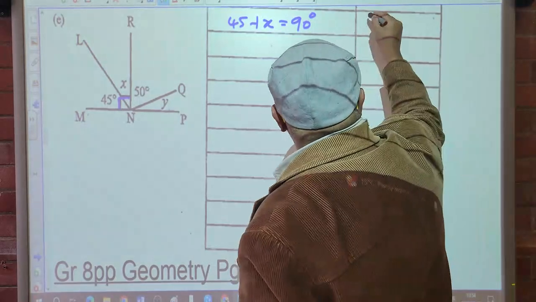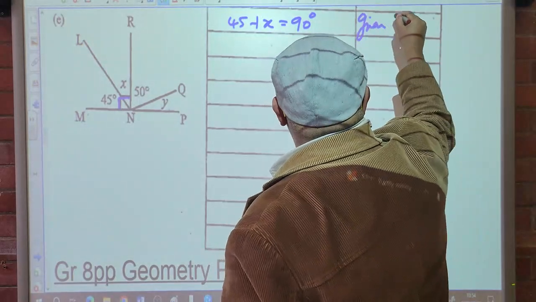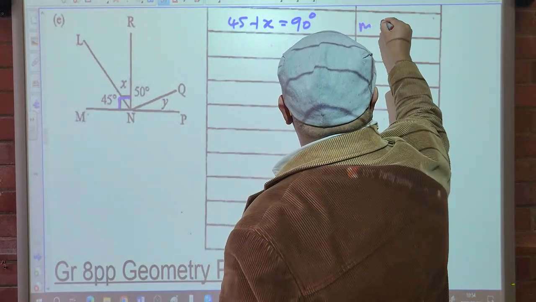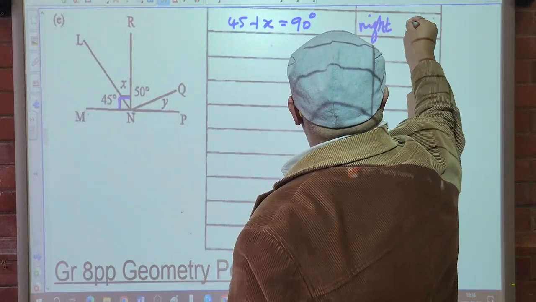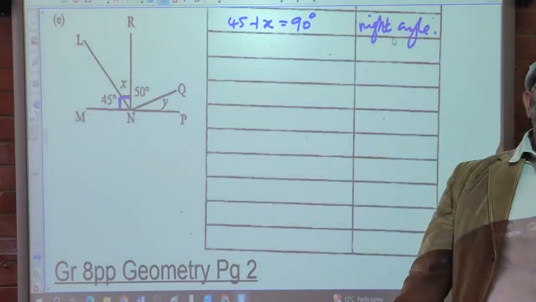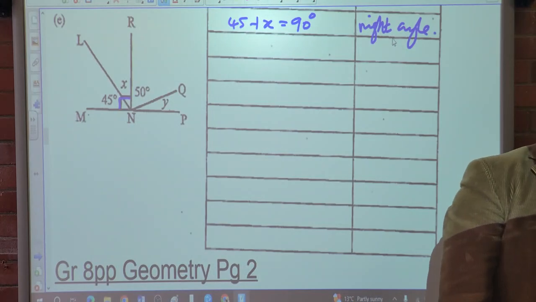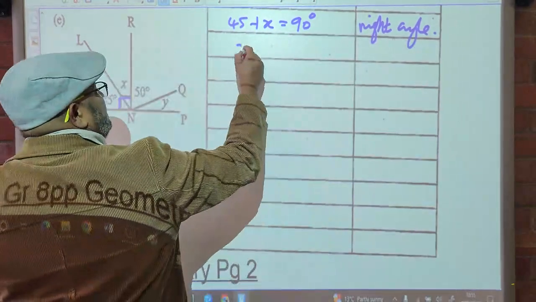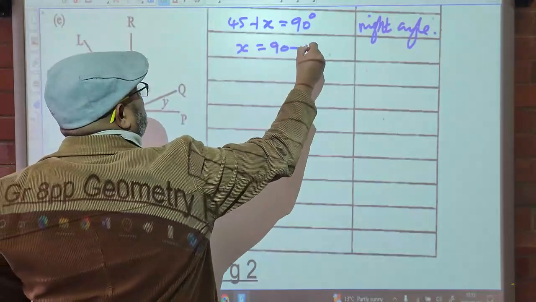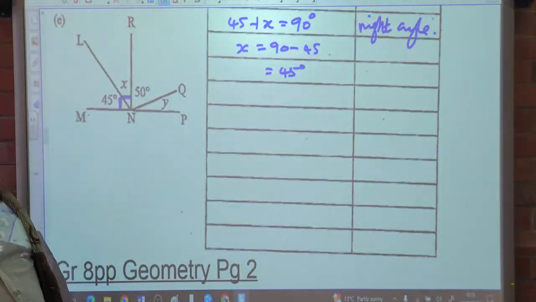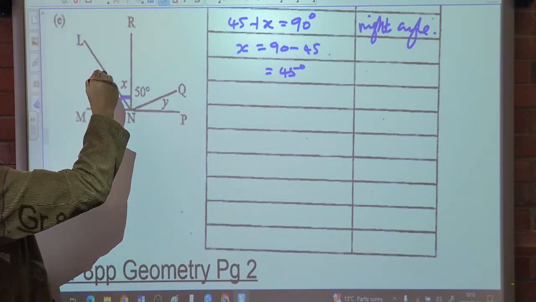So given, or you just say right angle, or some of you say perpendicular, or some of you say complementary. It all means the same thing. So x is equal to 90 minus 45, which is 45 degrees.